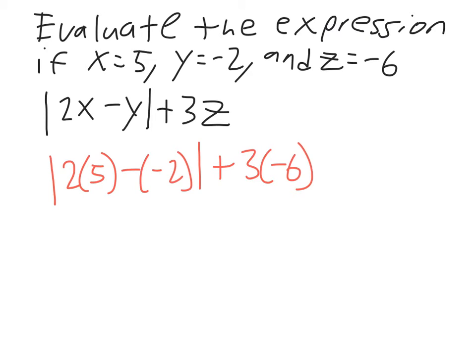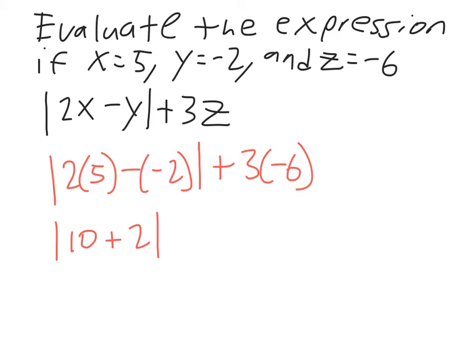Still have the absolute value, haven't done anything with that yet. So 2 times 5 is 10. And then notice the minus negative 2. We have 2 negatives here, so that will turn into a plus, because 2 negatives make a positive. So this will become a plus 2.